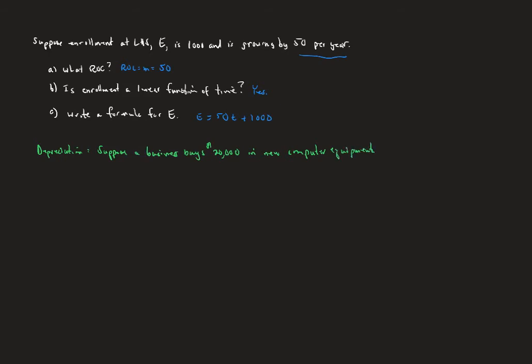We'll also say that for tax purposes, this is commonly done with businesses, it depreciates, that is, it loses value. It depreciates to 0 at a constant rate over 5 years.